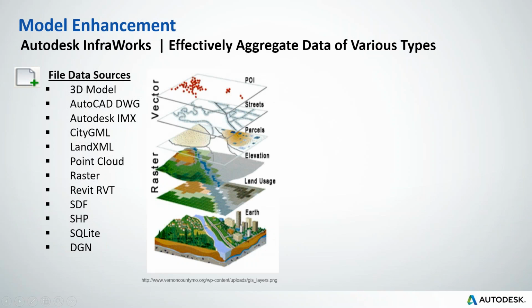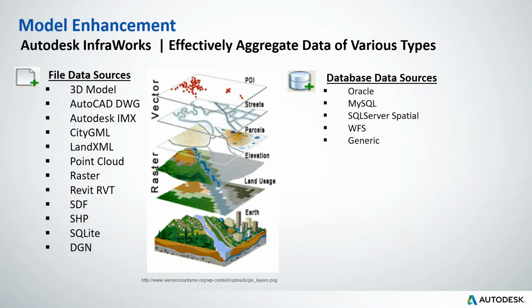Infraworks is very intelligent to bring those data in and overlay them on top of each other to end up with the augmented BIM model for the whole area or the whole city that we're designing in. We're also capable of linking those BIM objects or 3D objects with databases, whether it's from Oracle, MySQL, WFS, and any generic database like the ones coming from Esri, a GIS or a geodatabase.